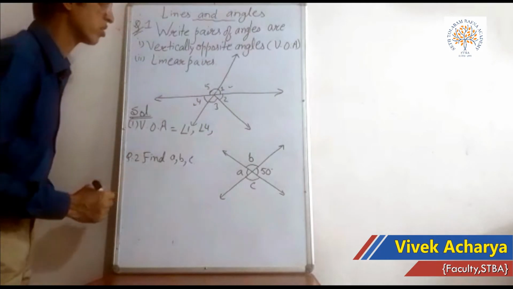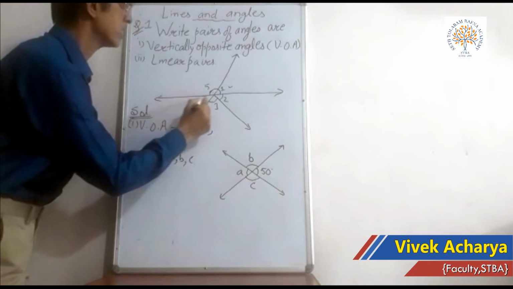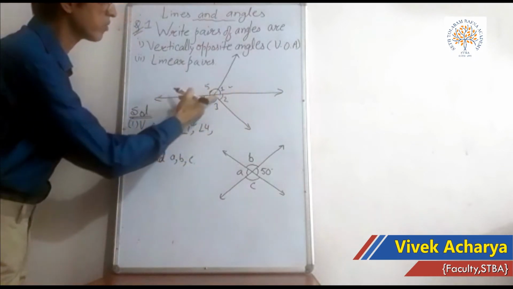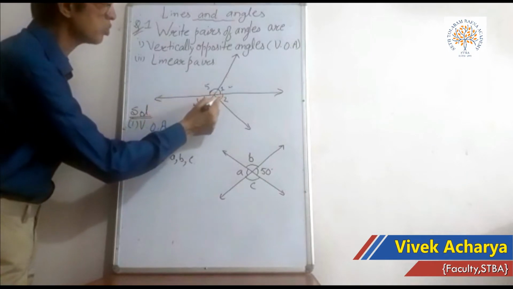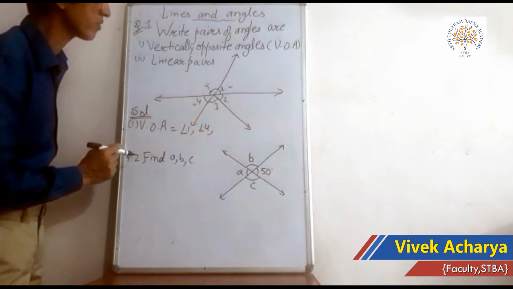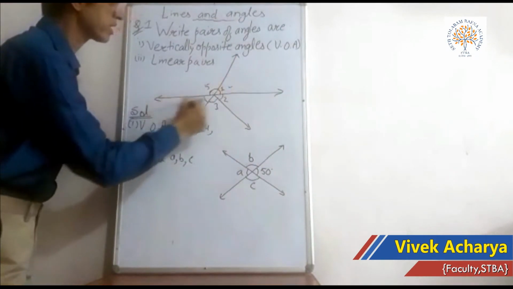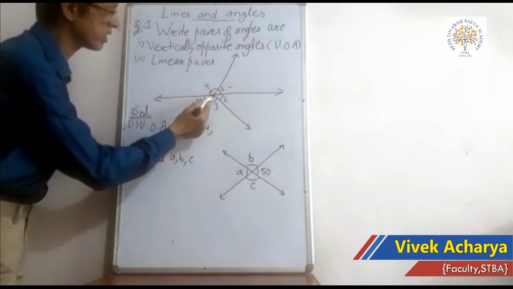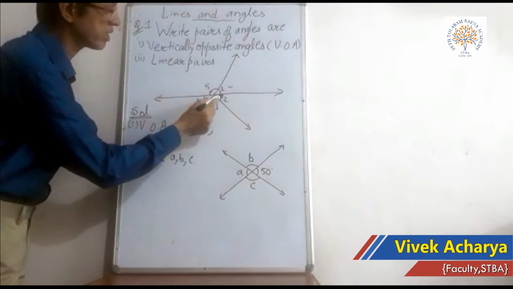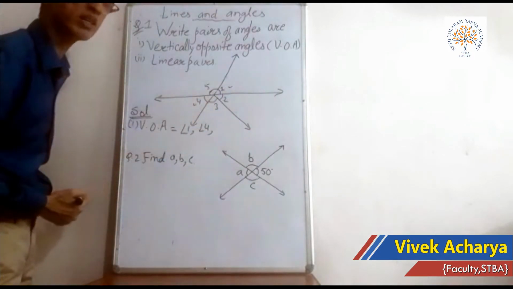As you can see, angle 5 is vertical opposite to angle 2 plus 3. Angle 2 plus 3 is the complete angle, and these two lines are intersecting again. In the figure, angle 5 and on the other side the complete angle 2 plus 3 is vertical opposite to angle 5.